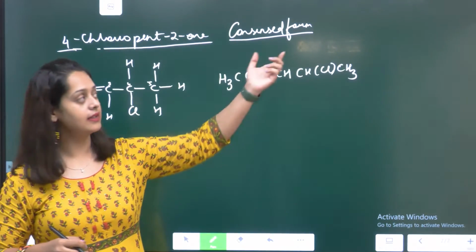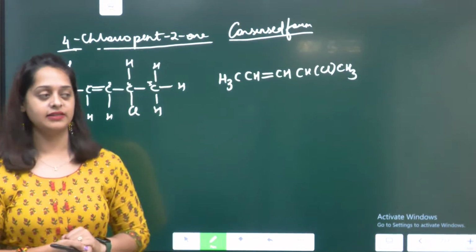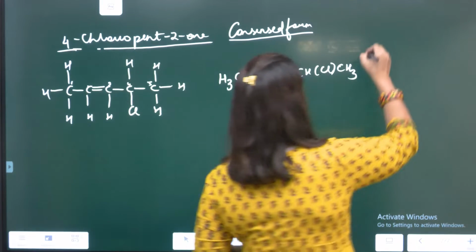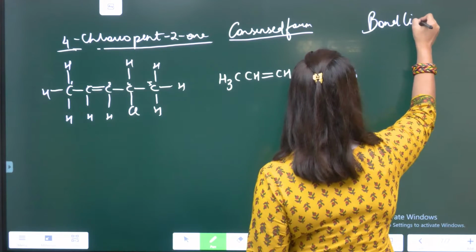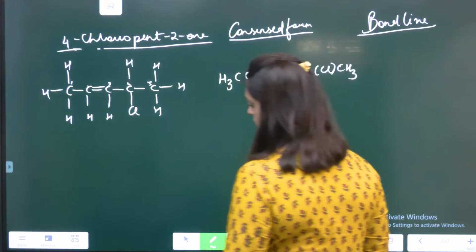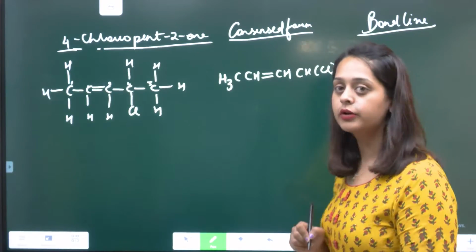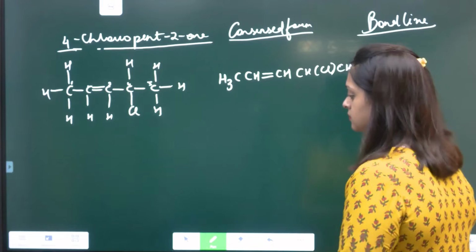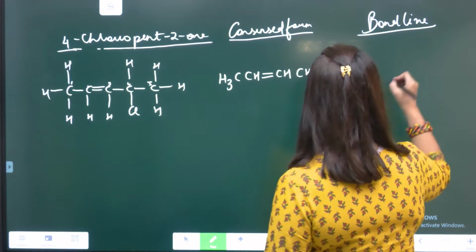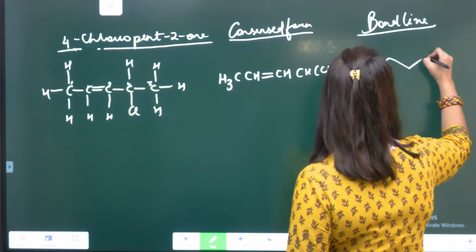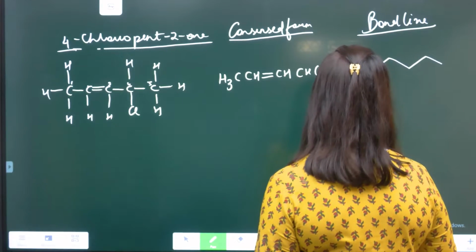What happens in the bond line structure then? What will happen in the case of bond line structure? Ma'am, bond line will be drawn below the bond, single bond. So I have 5 carbon like this.